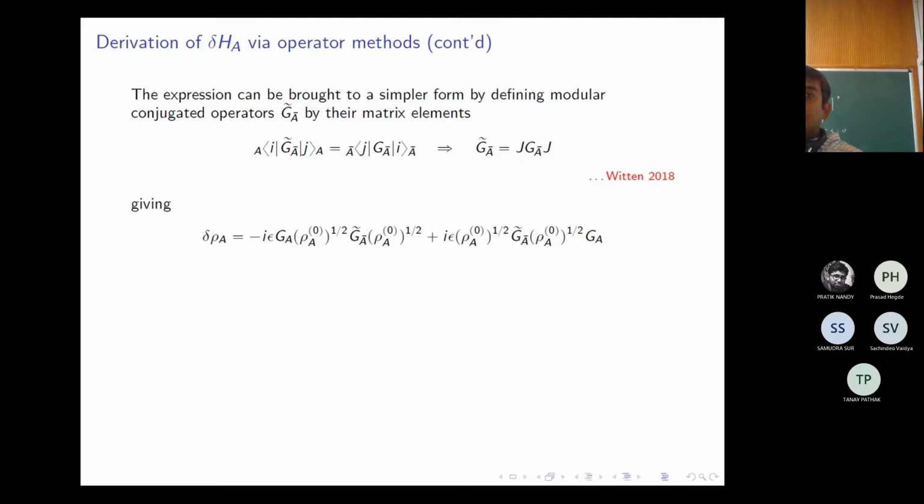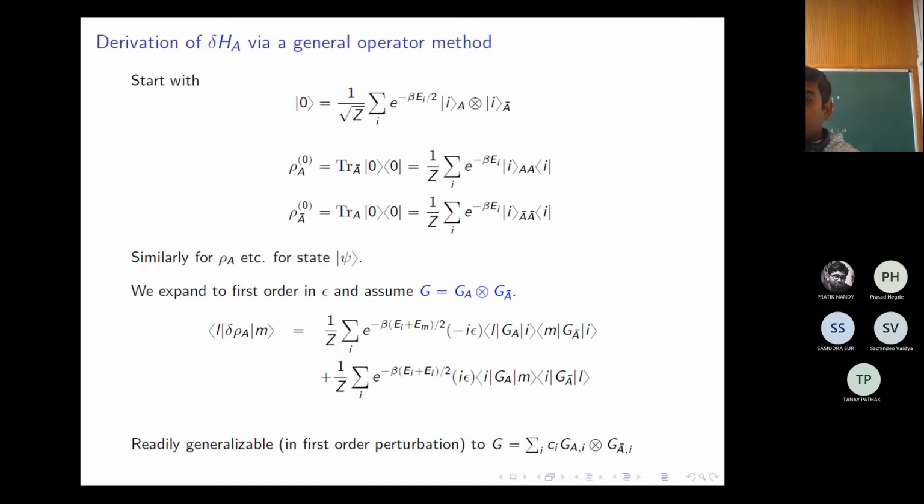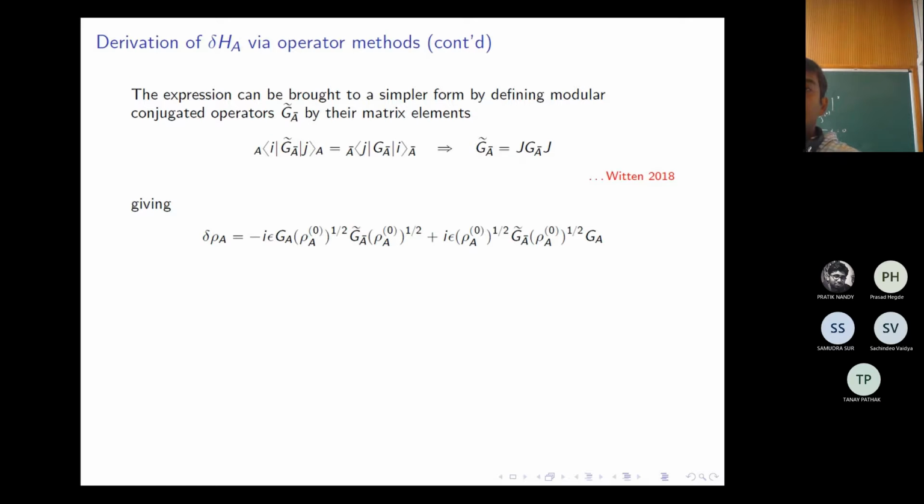Then you have this GA and this GA bar. GA, remember, is some perturbation here, and GA bar is some perturbation here. To simplify the situation, you can define a modular conjugated operator GA bar tilde, which is defined as J GA bar J, where J is what appears in Tomita theory.